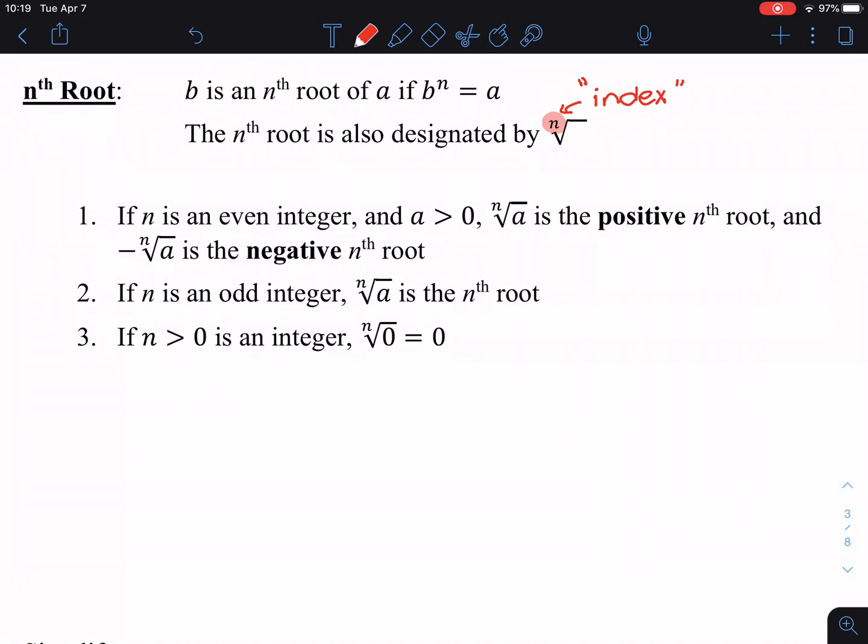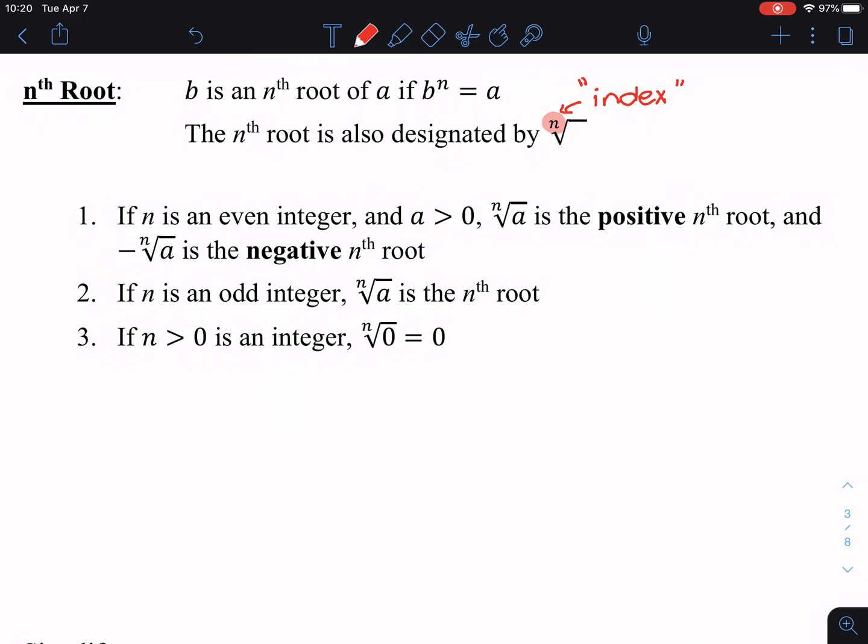So a square root has an index of 2, a fifth root has an index of 5, and so on. If you don't see a number in the crook, it's assumed to be a square root. For anything larger than a square root, you're going to see a number there in the index.